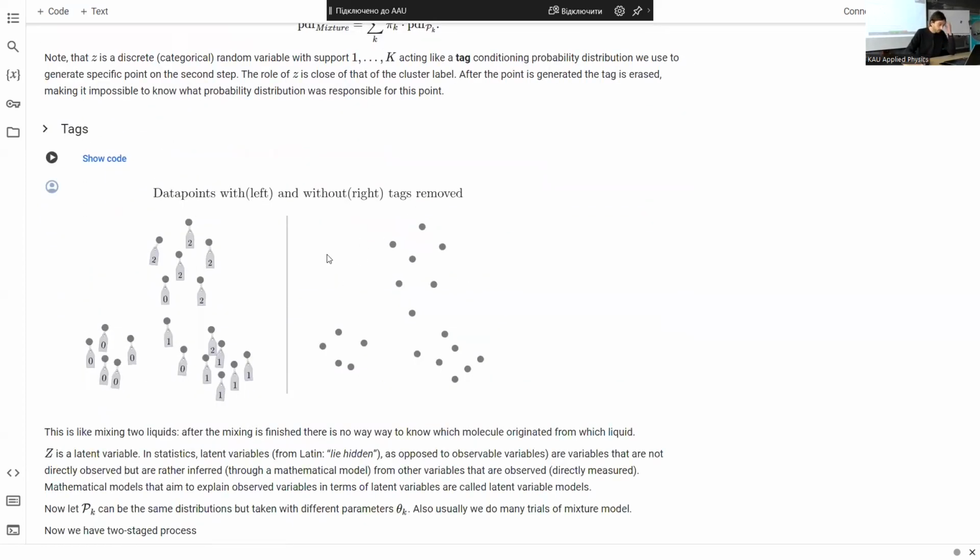One more way to look at the problem. Here is a picture for you. You can think about that random variable k acting like a tag that conditions the probability distribution we use to generate a specific point on the second step. So the role of z is close to that of the cluster label.